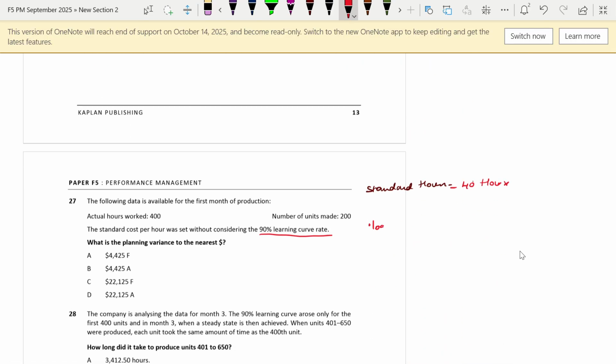Log 0.90 divided by log 2. How much will you get? Minus 0.1520. It is there.